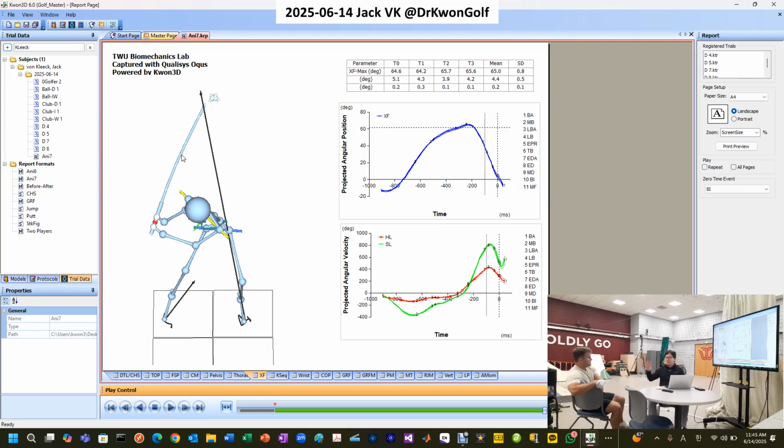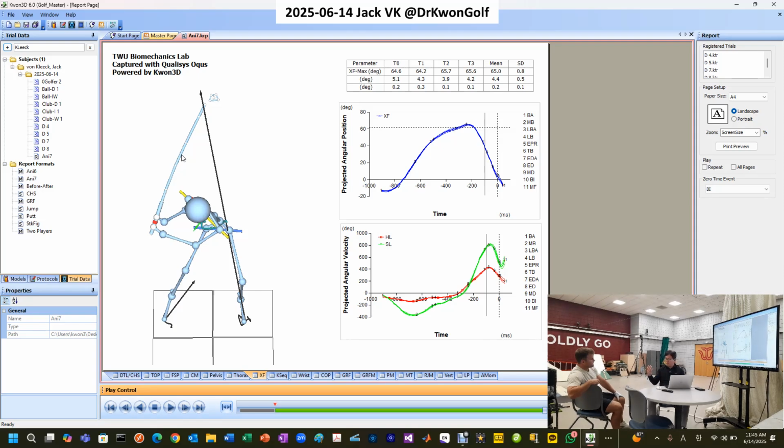When the moment of inertia increases, according to Newton's second law, external torque is equal to moment of inertia times the angular acceleration, or angular acceleration is equal to the torque you generate divided by the moment of inertia of the system.